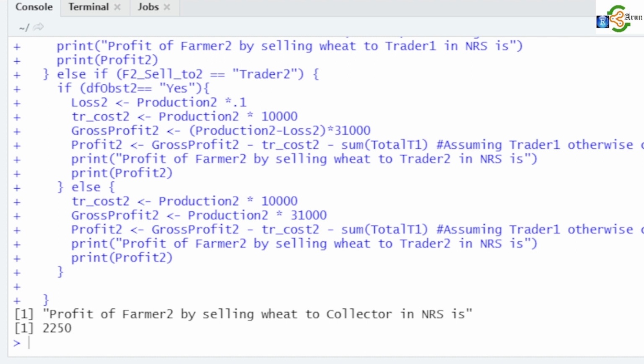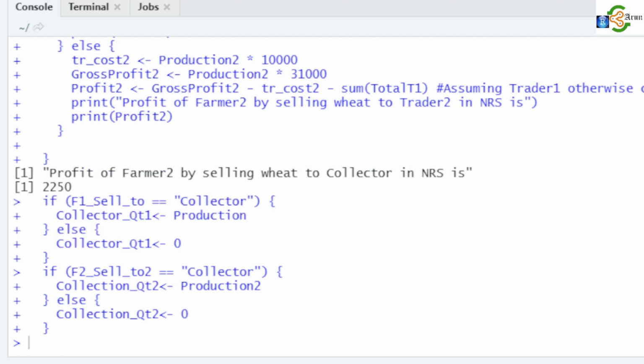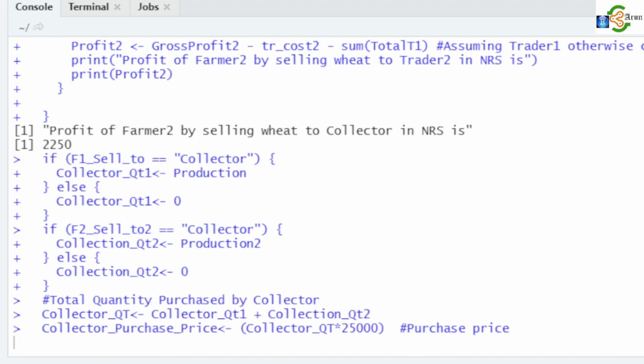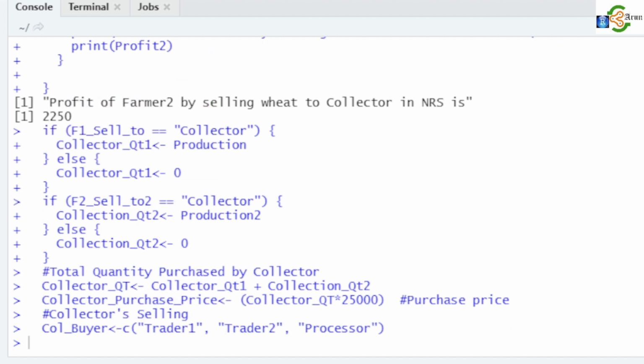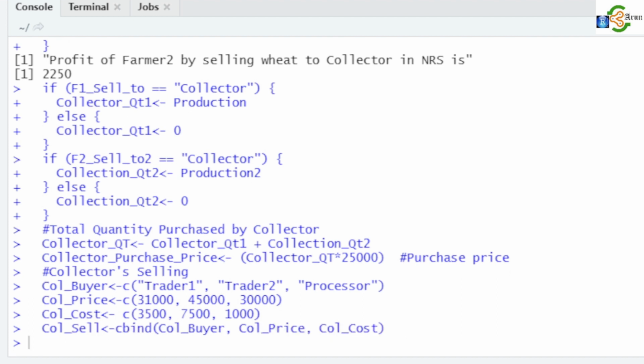Let's do our simulation for the collectors. What will be the profit for the collectors? You can see here we have run several pieces of code to get to this point.